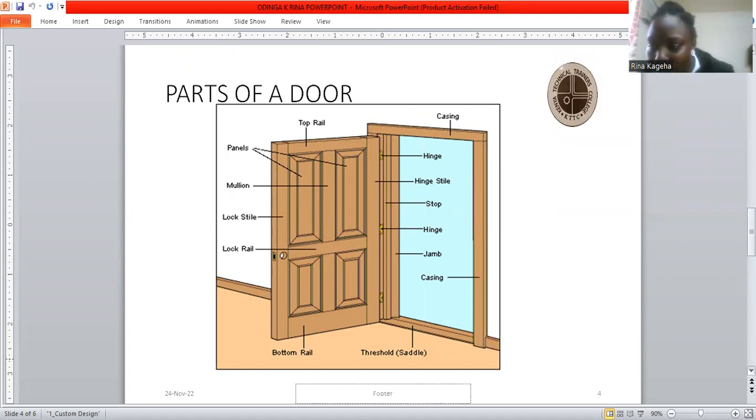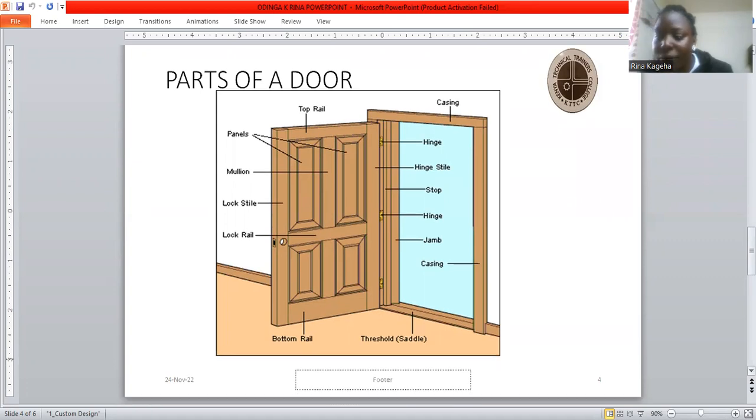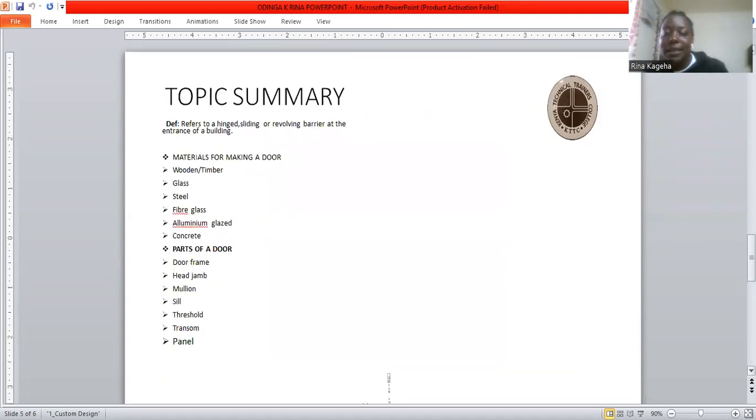We have concrete. We have steel. That's very true. We also have aluminum glass. We have fiberglass. That's very okay. I can see you have at least gotten something from this lesson.